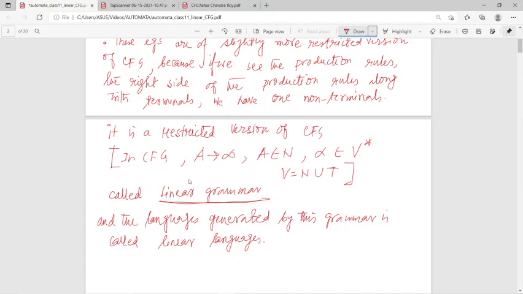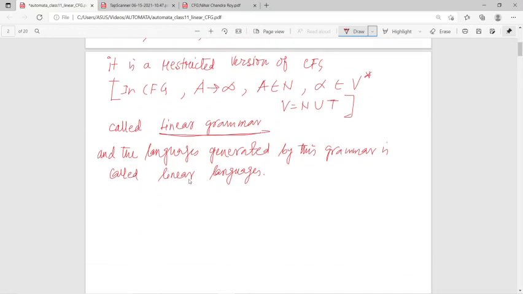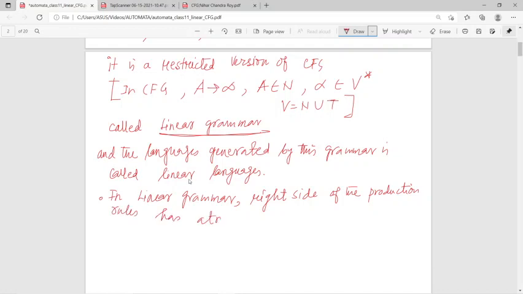So in linear grammar, the right side of the production rule has at most one non-terminal. That is the restriction. That means in case of linear grammar, the right side of the production rules has at most one non-terminal.